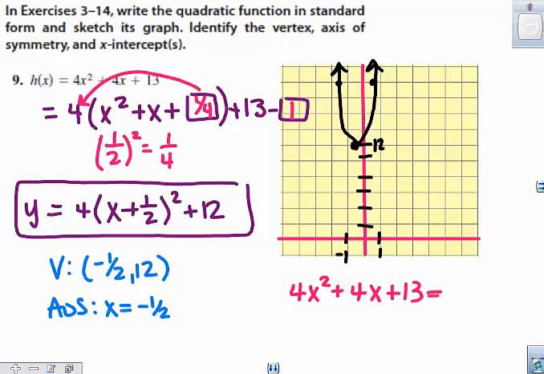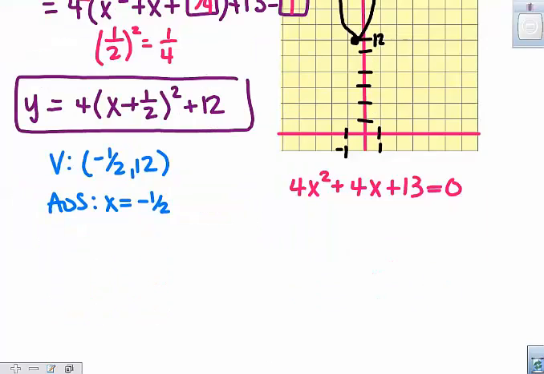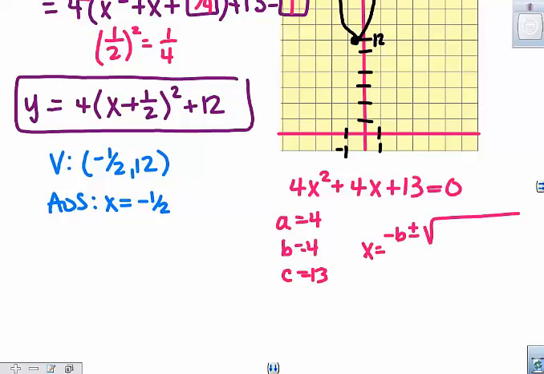So when you set this equal to 0 to find your roots, your a is 4, b is 4, and c is 13. Quadratic formula. x is equal to negative b plus or minus the square root of b squared minus 4ac all over 2a.